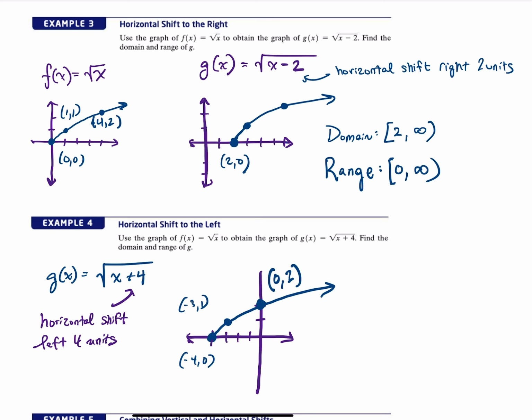What do we need? Domain and range. So let's say the domain. Now we've shifted to the left. The function is starting at -4 and going off to positive infinity. And then the range, still starting at 0 and going to infinity, because we didn't do a vertical shift at all, just horizontal.